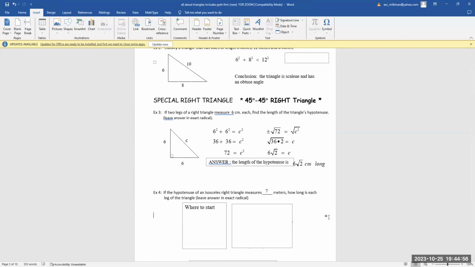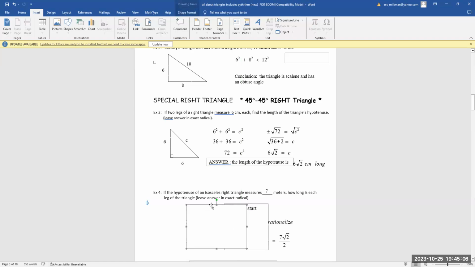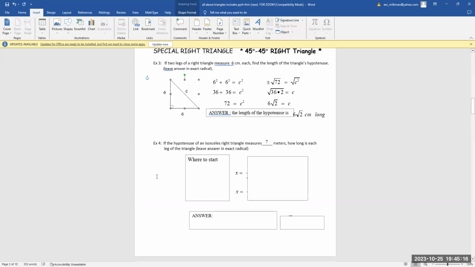Well, where do you start? I would consider you draw the right triangle. Let me go ahead and copy this right triangle and print it down here.